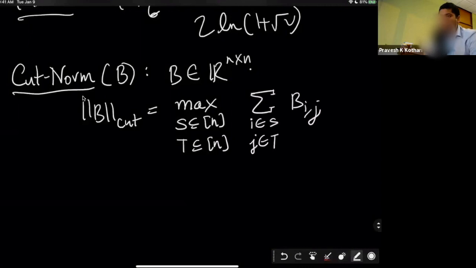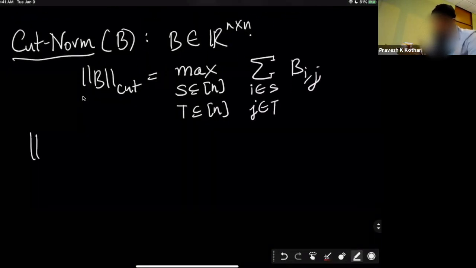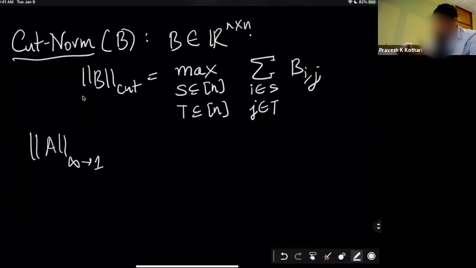I called it combinatorial because there are cuts going on. I don't know if that's convincing enough for you, but it actually turns out that A infinity to 1 that we saw before is basically a constant factor approximation to the cut norm.